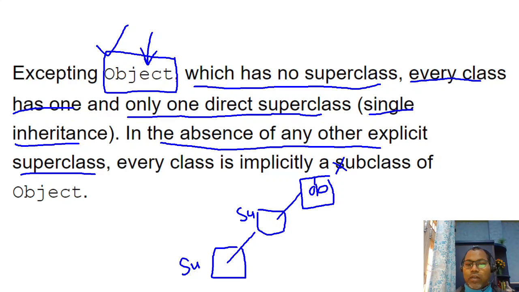So in Java, this Object class is the superclass of all classes. If I'm writing class A and not defining any extends keyword, then by default it is the subclass of your Object class. So we notice that in Java each and every class is directly or indirectly a subclass of your Object class.